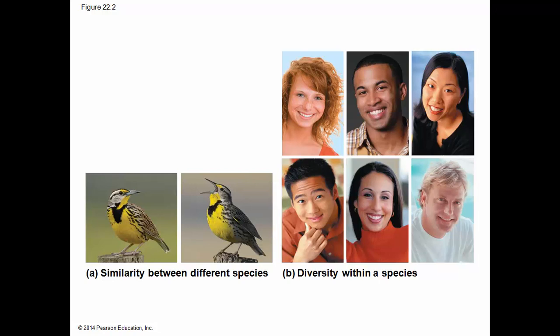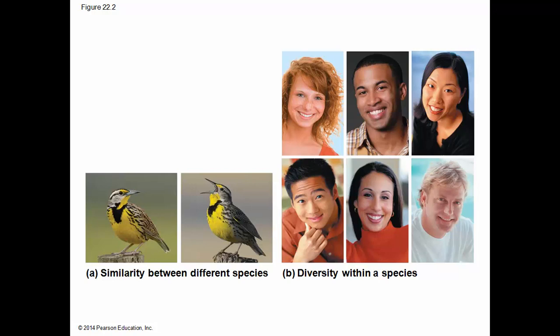The song of the eastern meadowlark is different than the western meadowlark, so much so that even when the species encounter each other, which they do periodically because the glaciers have retreated and allowed those ecosystems to come back in contact with one another, because they have different songs, they no longer interbreed with one another.